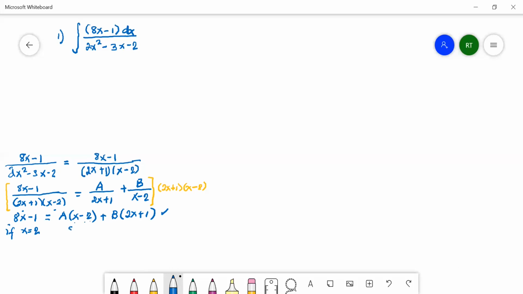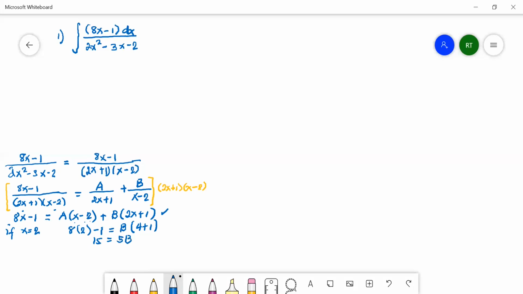We will have 8 times 2 minus 1 is equal to, in the right side of the equation, the first term will be 0 since 2 minus 2 is 0, so it is equal to B times the quantity 2 times 2 is 4 plus 1. So this will give us 16 minus 1 is 15, which is equal to 5B.